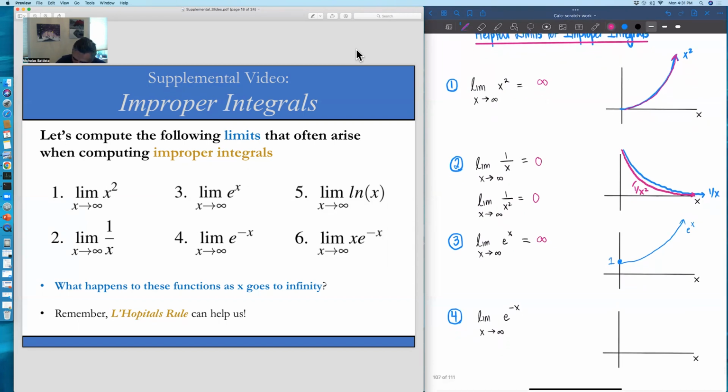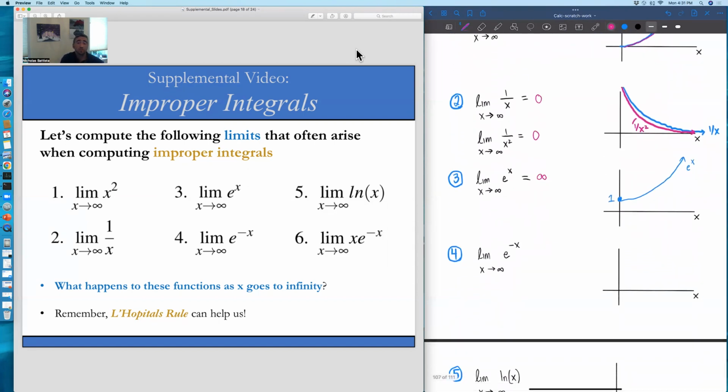Now let's contrast that to the limit as x goes to infinity of e to the minus x. And remember, we could also write e to the minus x as 1 over e to the x through some algebra. Since the power is negative, we can put that term back into the denominator. So as x goes to infinity, this exponential is now in the denominator, and e to the positive x in that denominator is getting very, very large.